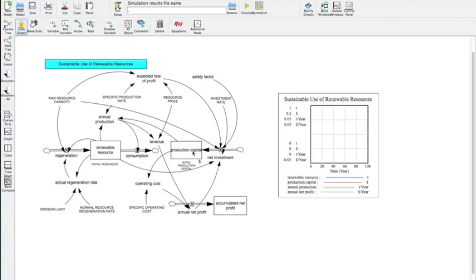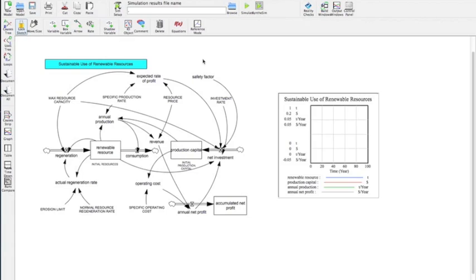Okay, and then that production will have some operating costs. There'll be some revenues from the sales of the resource, and those operating costs and the revenues are used to compute profit, and you can actually keep track of the profit that's accumulated.